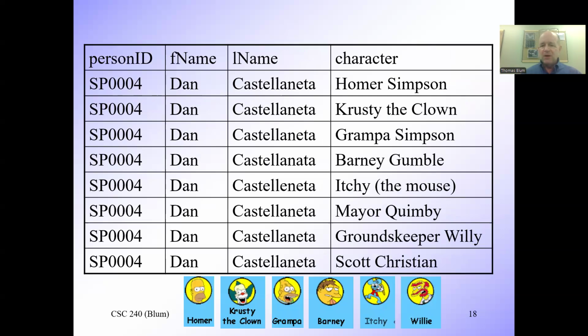Okay. So here is our flattened table. And now we want to begin to think about the idea of splitting it up and moving toward a person table and a character table, but we don't want to lose the relationship.